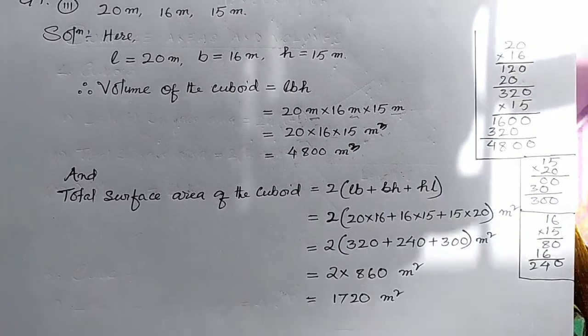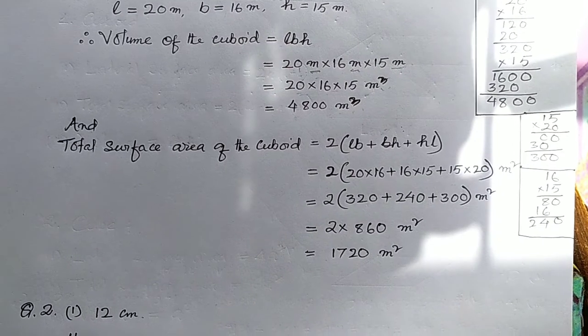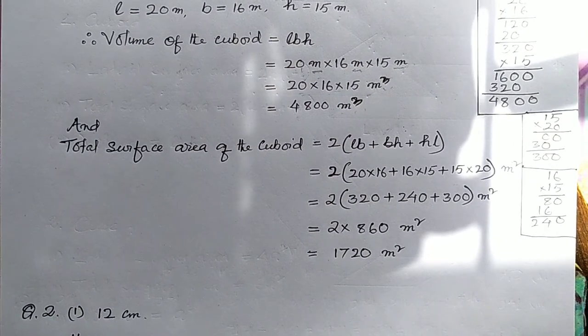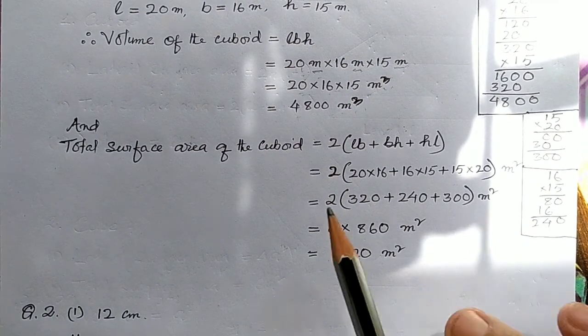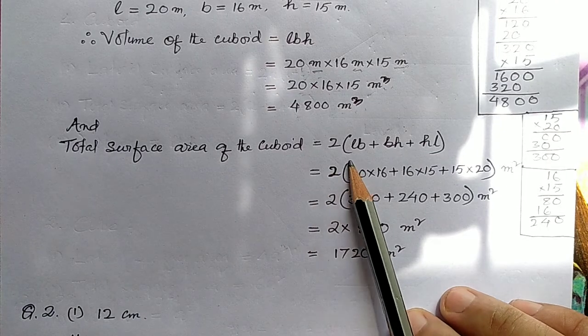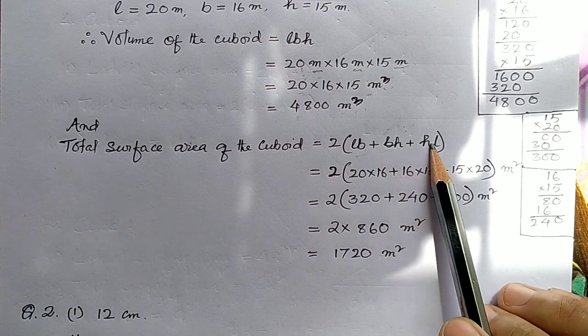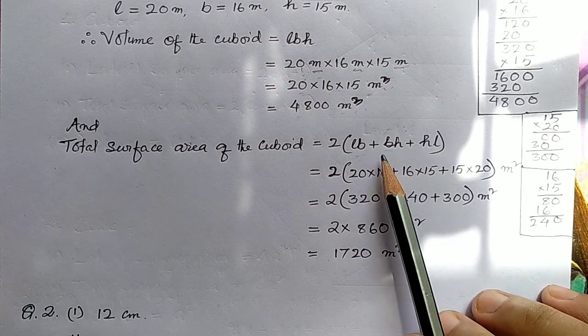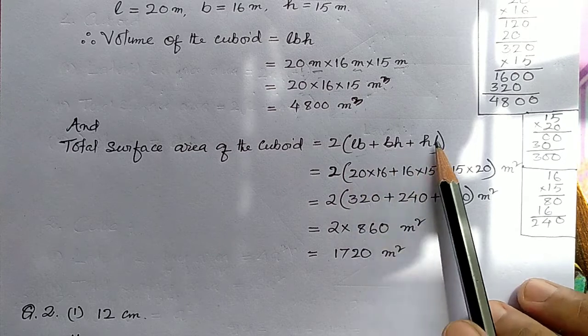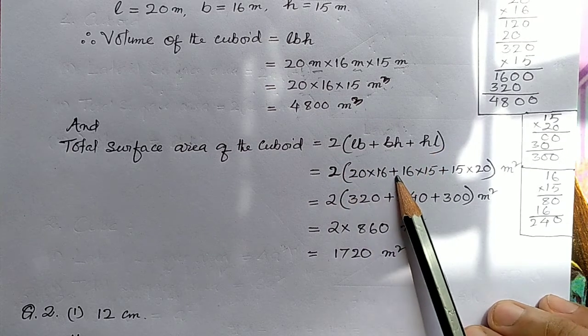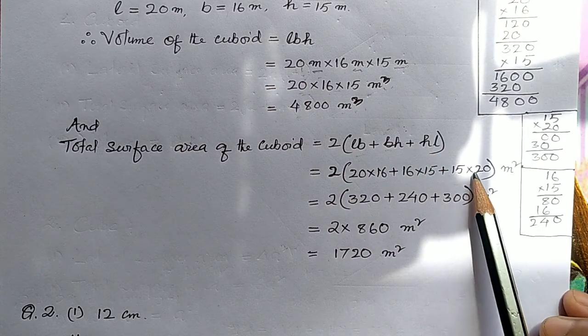And the second part is to find total surface area. Again here we use the formula that we have seen just now. Total surface area of a cuboid is 2 into (length breadth plus breadth height plus height length). So substituting the values of l, b, h in this formula, we get 20 into 16, 16 into 15 plus 15 into 20.